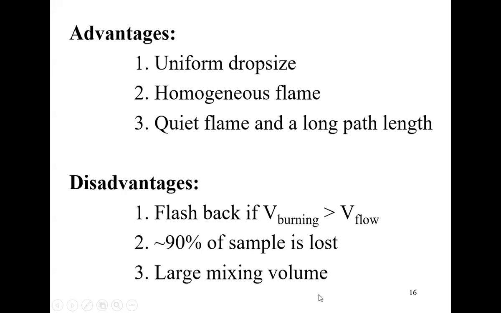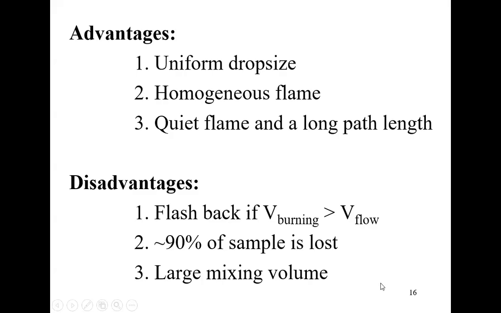The disadvantages: there is a possibility of flashback if you do not control the burning velocity. Remember, if the burning velocity is greater than the flow rate, there is a possibility of flashback. That's a disadvantage. And it's a very wasteful process.